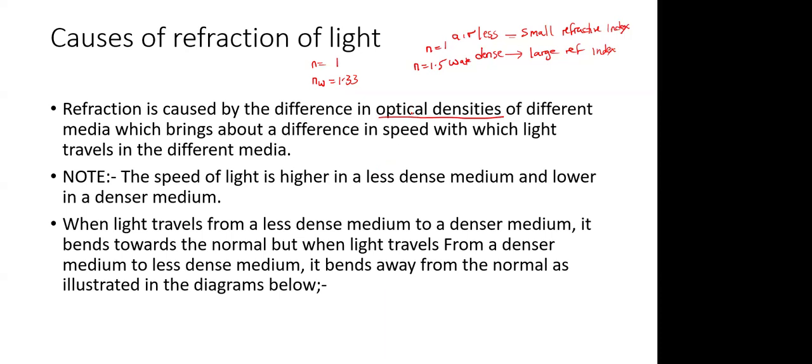Because there is a difference in the densities, the speed is also going to differ when light is moving from one medium to another. So they can even ask you, what causes refraction of light? Here the keywords you need to mention are that it's caused by the difference in the optical densities.